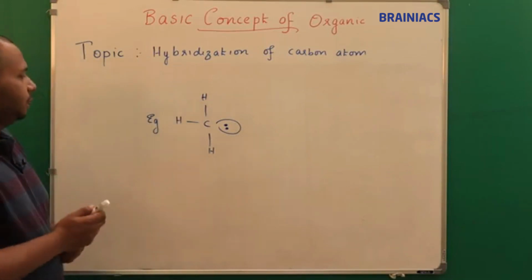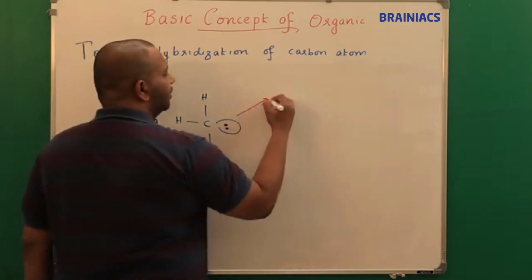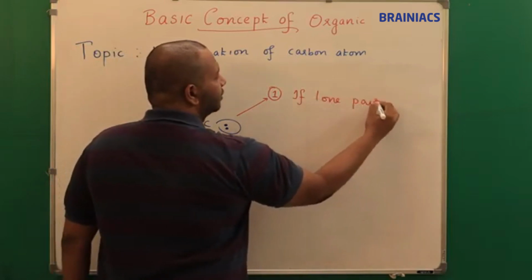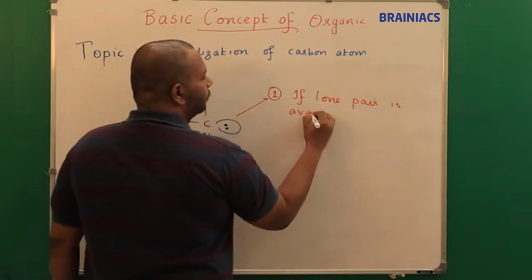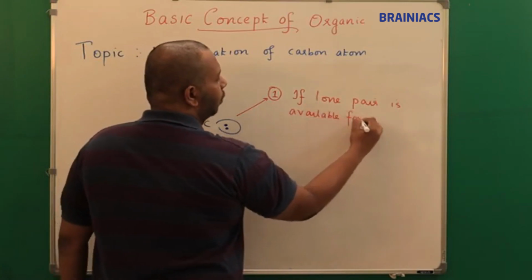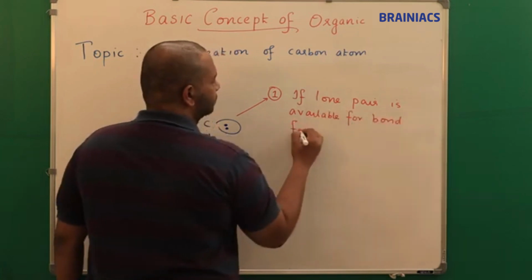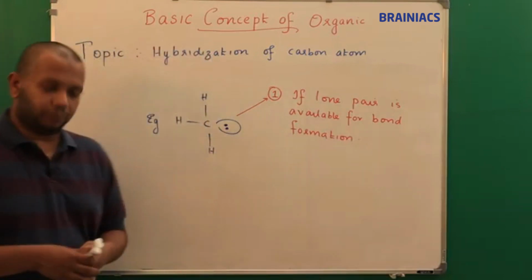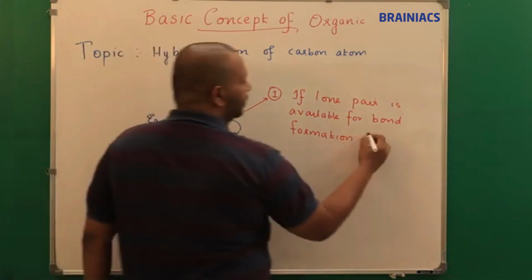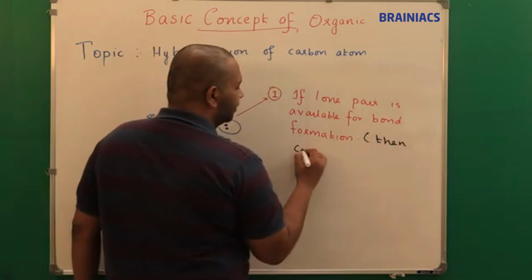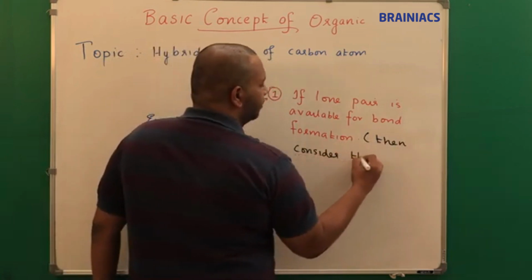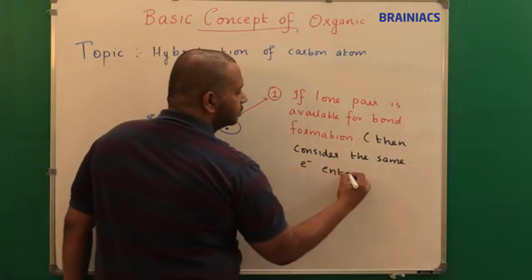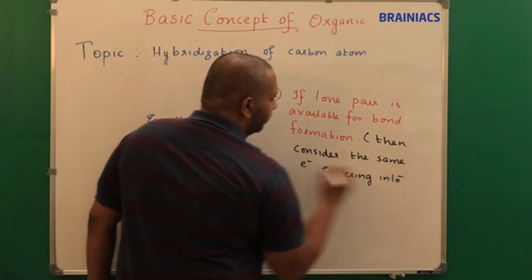The first possibility to consider is if the lone pair is available for bond formation, then consider the same electrons entering into hybrid orbitals.